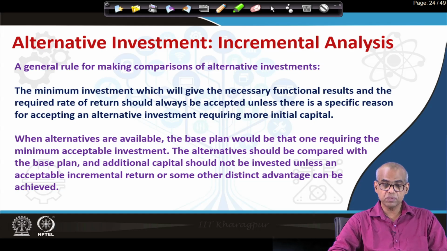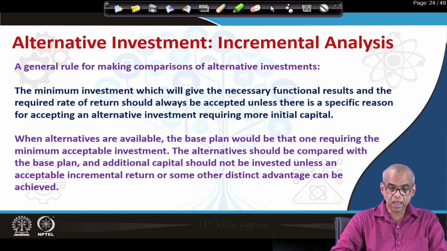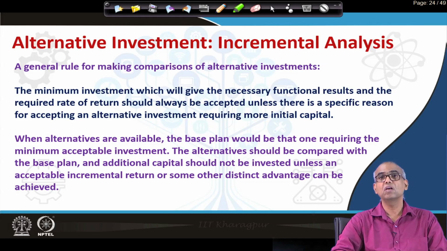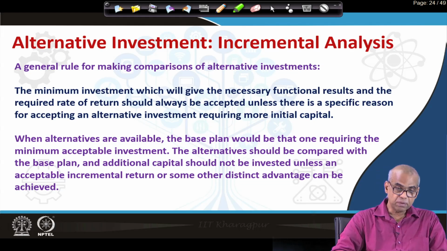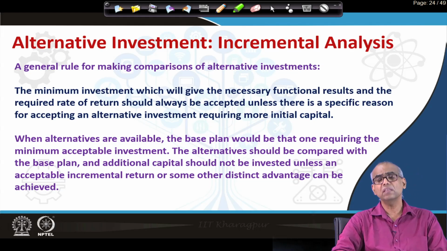So, other alternatives should be compared against the base plan, and then you recommend to invest a further amount of capital only when an acceptable incremental return or some other distinct advantage is achieved.